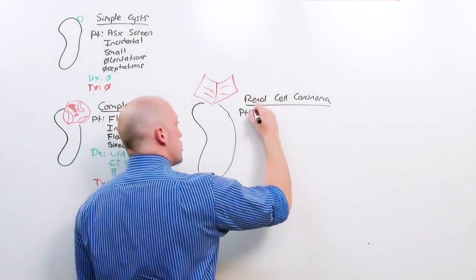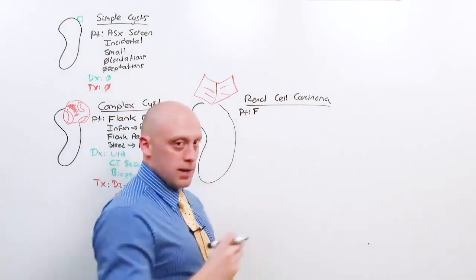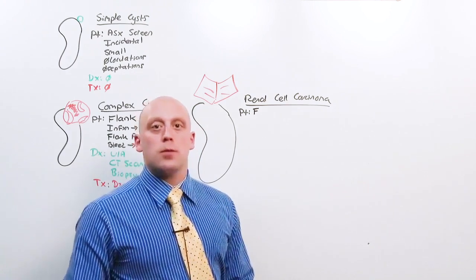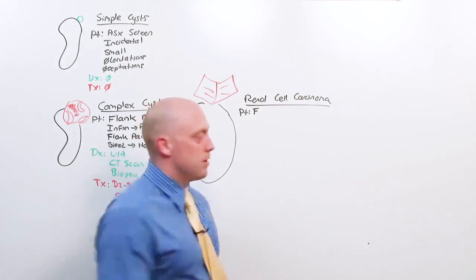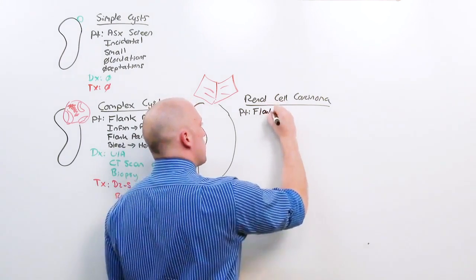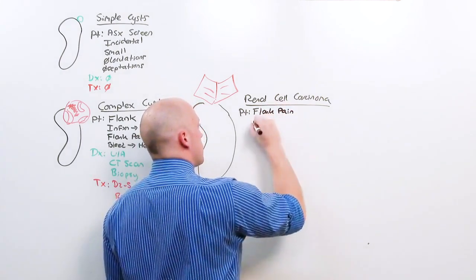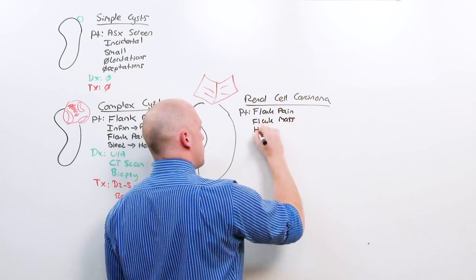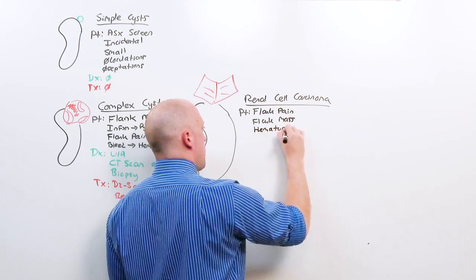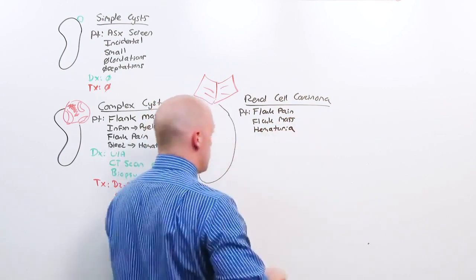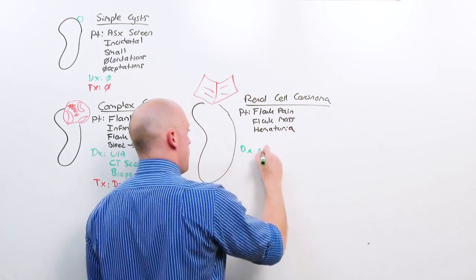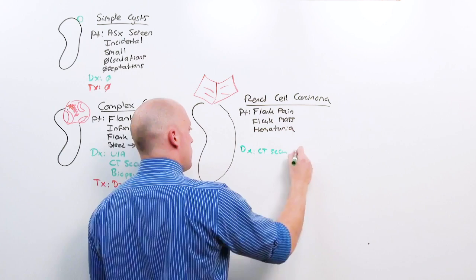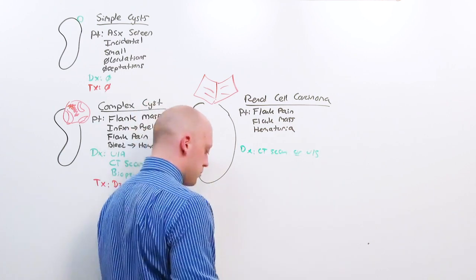And what you should learn as the classic triad, classic because that's what's taught, but only 30% actually have it, is going to be flank pain, flank mass, and hematuria. You are going to do a CT scan, if you can, or an ultrasound if you can't.